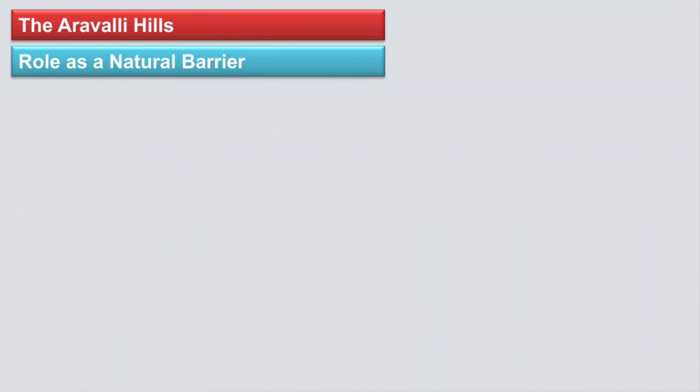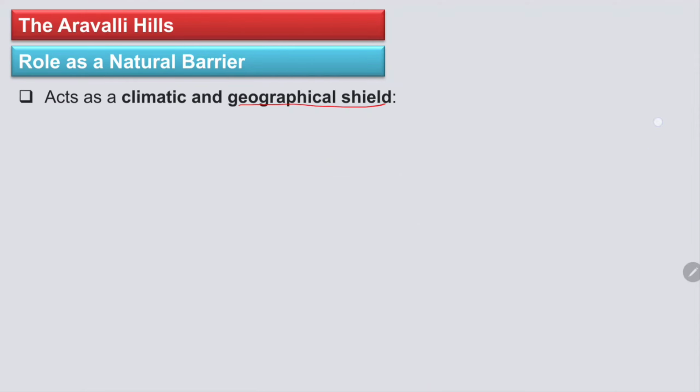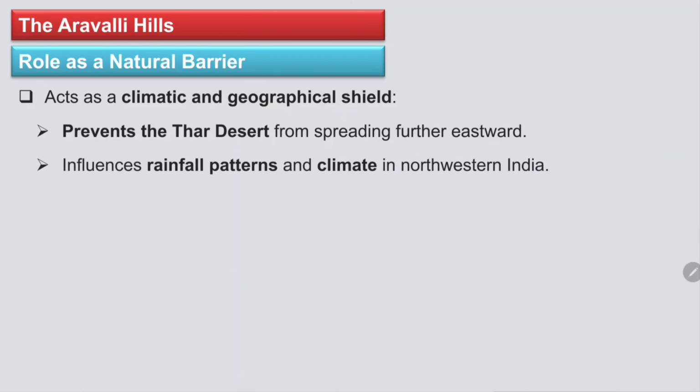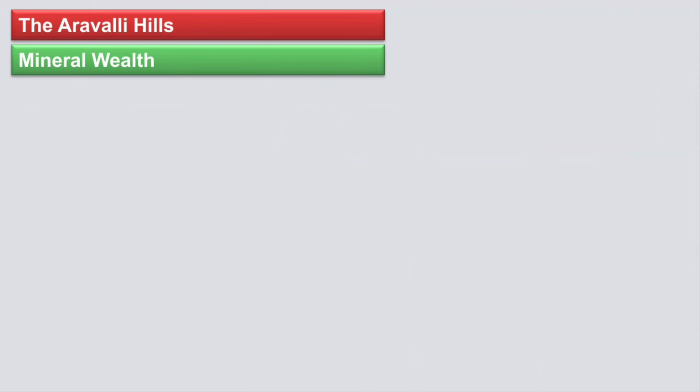So I was explaining these things, isn't it? It acts as a climatic and geographical shield. How? See, it prevents the Thar desert from spreading further eastward. It is acting as a wall, and also influences the rainfall patterns and climate in northwestern India.